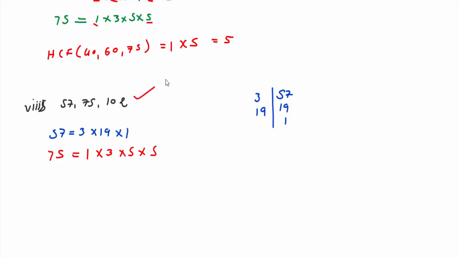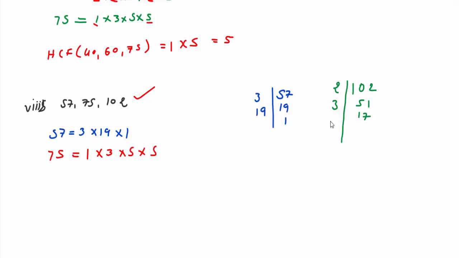Come to, let us find out the factor of 102. How will we find out the factor of 102? It is an even number, so start from 2. 2 5s are 10, 2 1s are 2. 51. 51, as you know that the unit place is 1, so start with 3. 3 1s are 3, 2 is remainder, so this becomes 21. 3 7s are 21.